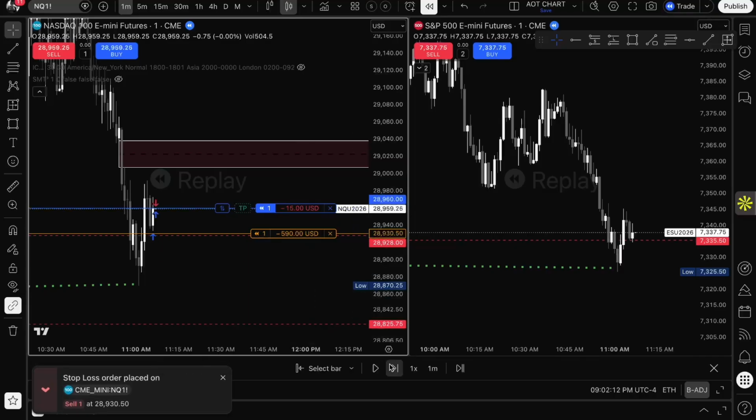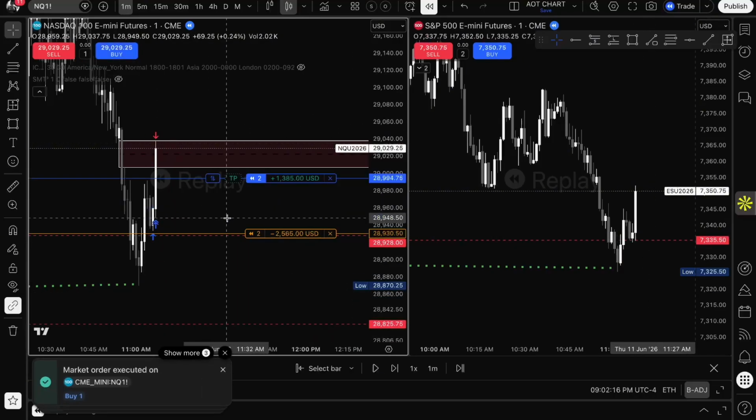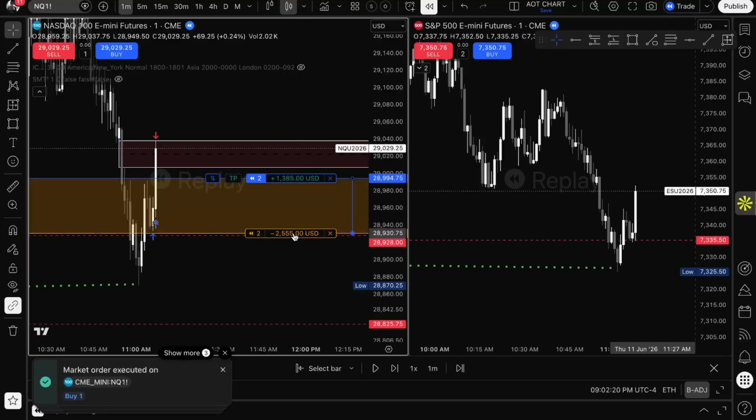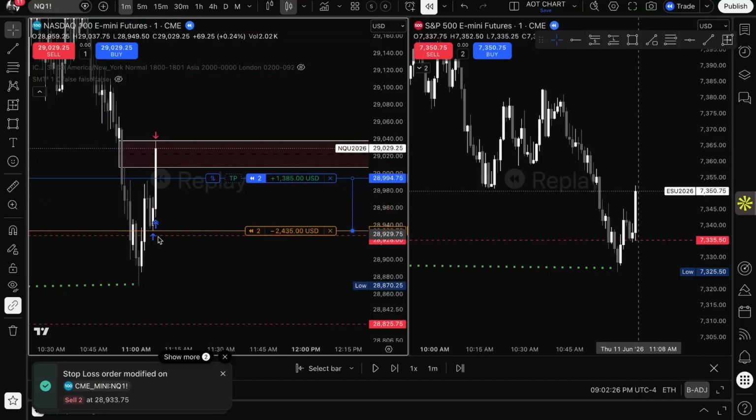All right, boom. Now I want to add more in. It moves you up, so now you're actually risking more money. You bought in at a higher price, and now you're risking more money if you want to keep your stop loss down here. I don't do that.